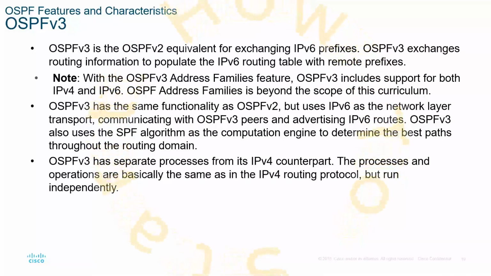OSPF v3 has the same functionality as v2, but uses IPv6. So the same type of packets, same type of advertisements and databases, same thing. Same type of SPF, but again using IPv6 information, not IPv4.